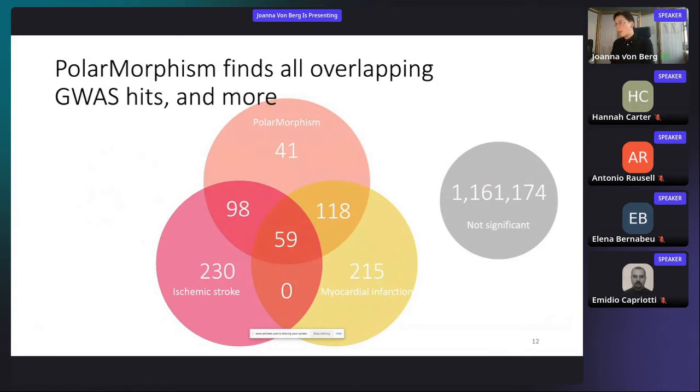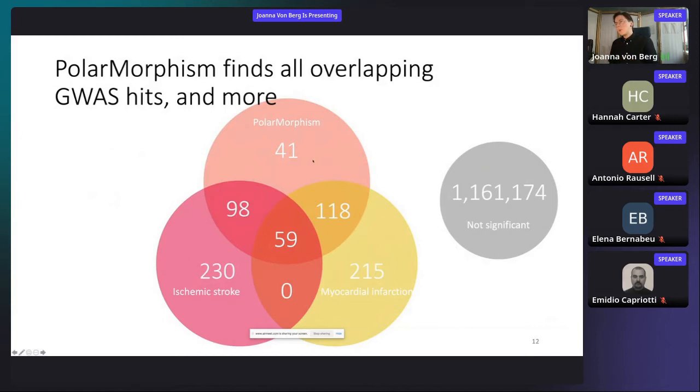If we only consider the lower 2 circles, their intersection tells us which SNPs were found to be significant for both traits based only on the original GWAS, so without using our method. But here on top, we see the SNPs that are identified as being shared by PolarMorphism.